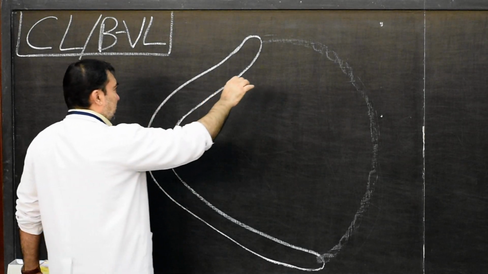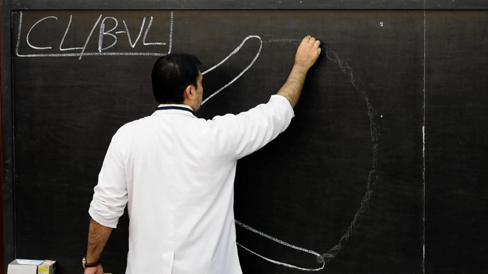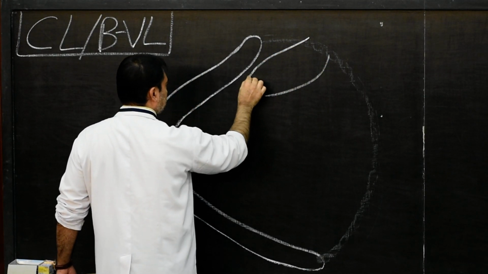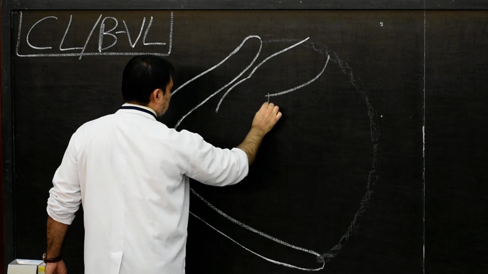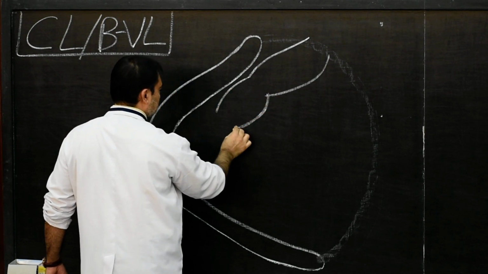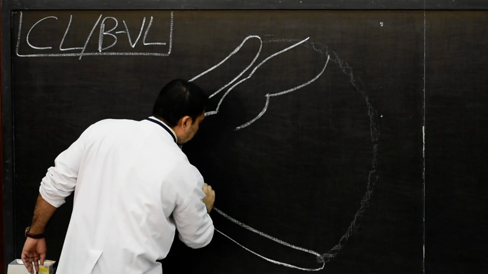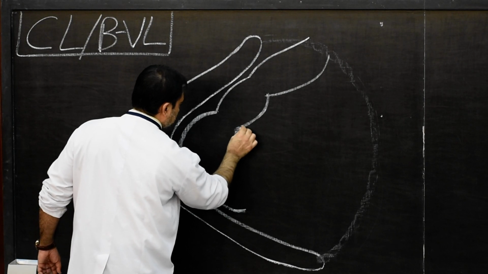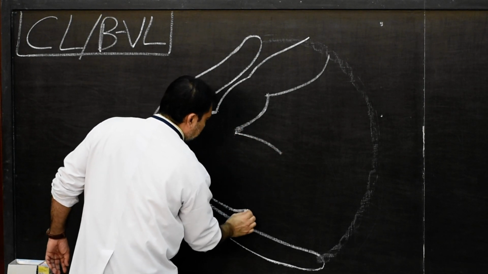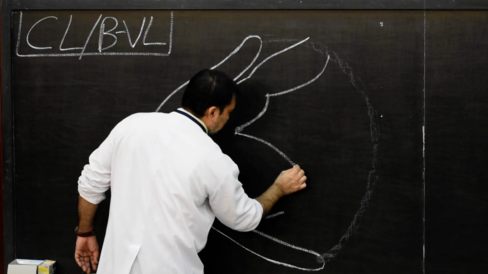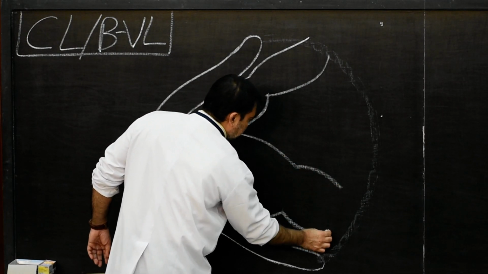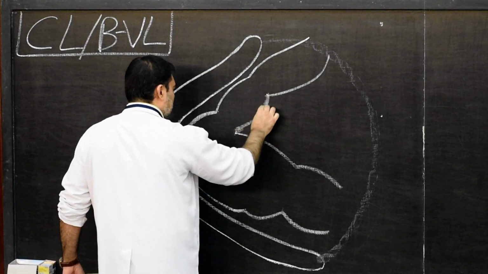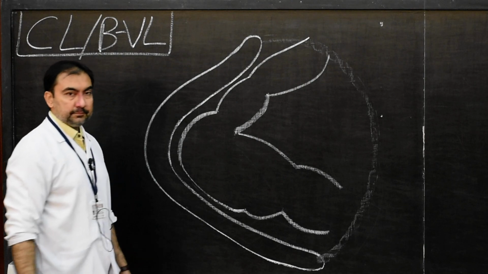Now, in this segment, we would like to draw the truncus arteriosus, then the bulbus cordis, and then the entire primitive ventricle. Then we will draw the primitive atrium, and then the sinus venosus. This is how we have to draw. Please note down, this is the first diagram.